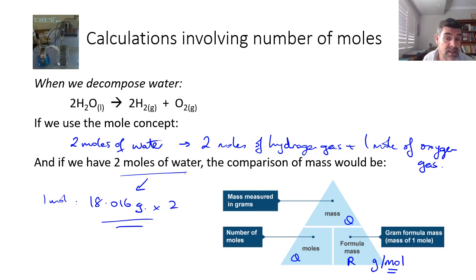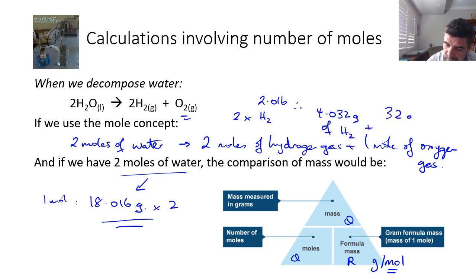And using this value, we can actually work through our formula to work out the exact amount of hydrogen gas, which in this case would be 2 lots of H2, which we also said before was 2.016. So therefore, we're going to have 4.032 grams of hydrogen. And for our last one, all we need to do is look at what the actual amount that's left. And we know that there's only 1 mole of this, so it's 1 lot of 32 grams.